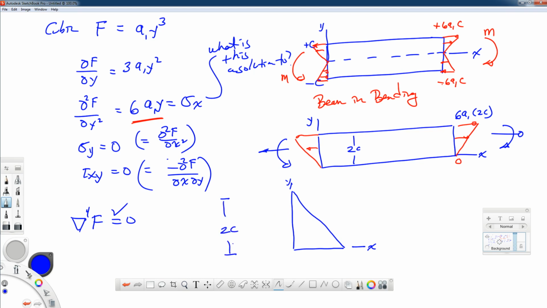So it looks a whole lot like the previous problem that we worked. The stress distribution on the left edge will go from 0 to the maximum value of 6a1 times 2c.